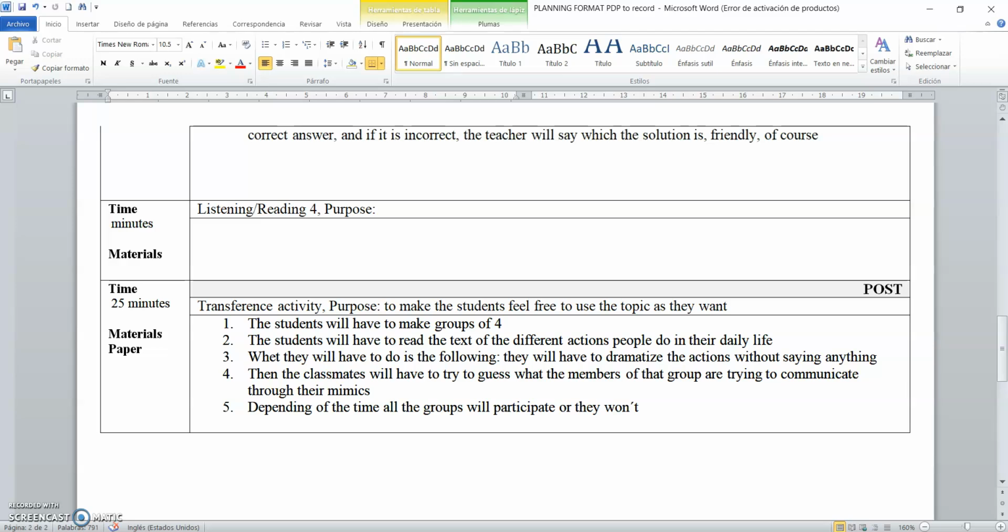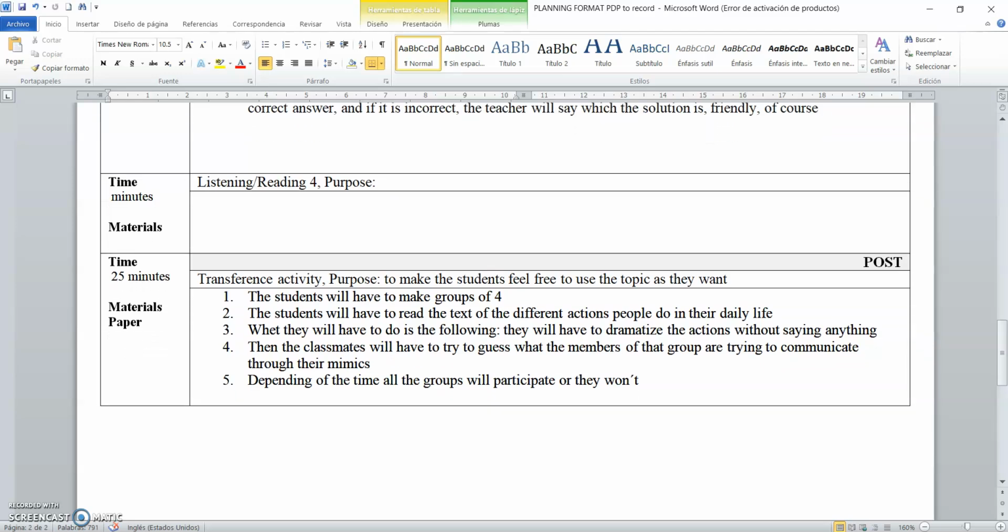The purpose gives me the reason about what I said some seconds ago, because the students are going to feel free to use the topic as they want. Of course, if they are doing it correctly.